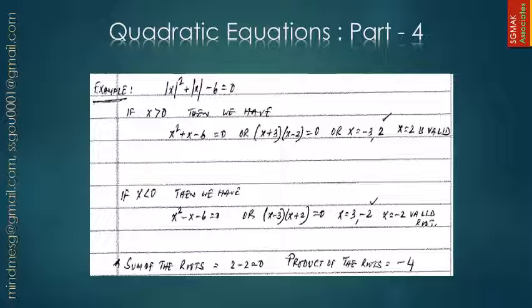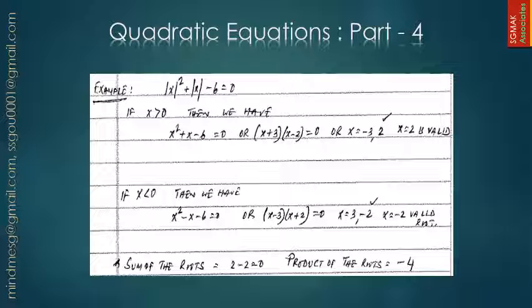For x less than 0, the first term always returns a positive, but the second term we've got to replace by minus x. That minus x is positive always, to be consistent with the absolute value of x, which always returns a positive value. So we have the quadratic x squared minus x minus 6 equals 0.